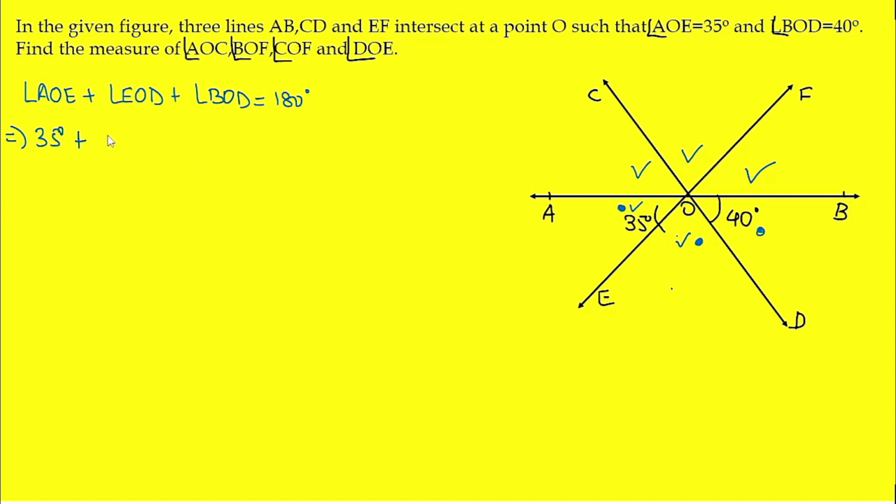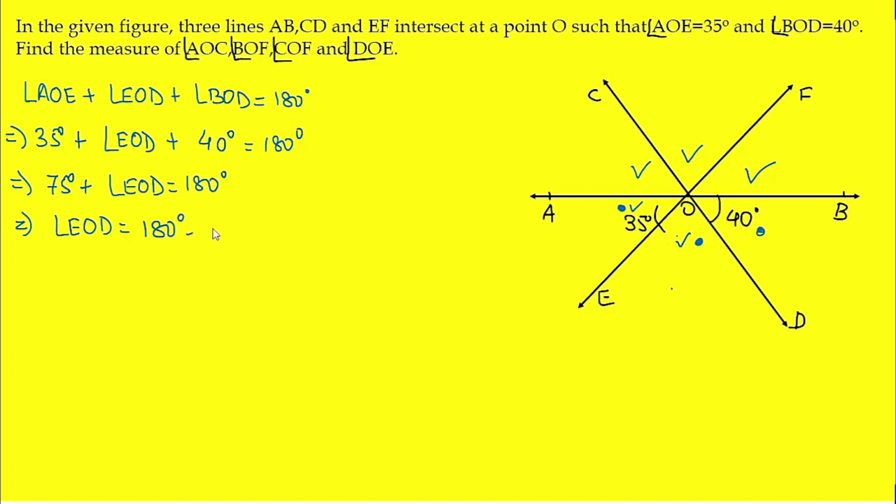Angle EOD is not known to us. Angle BOD is 40 degrees. So 35 degrees plus 40 degrees, that is 75 degrees, plus angle EOD equals 180 degrees. So angle EOD equals 180 degrees minus 75 degrees, that is 105 degrees.